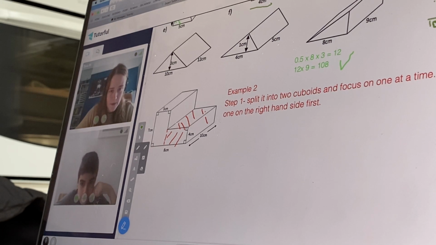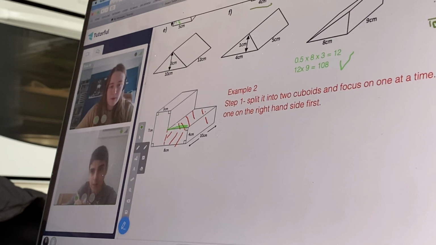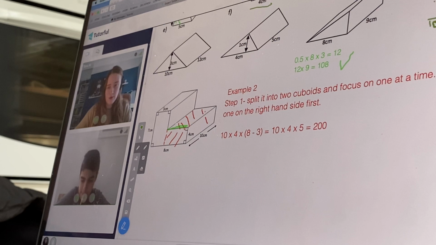To find that, I can see that the length of the longest side is 8, and the length of the shorter side is 3. So I'm going to times my 10 and my 4 by the difference between those sides to find out what the green section is, which is 5. 10 times 4 times 5 equals 200. So that is that side.